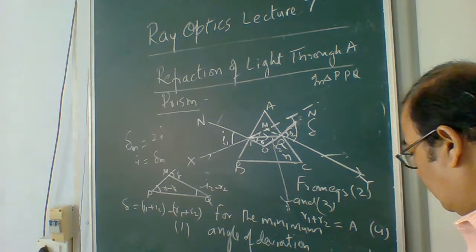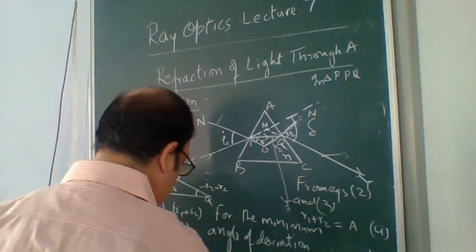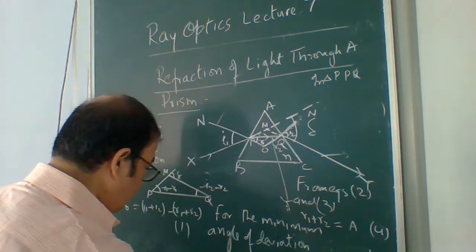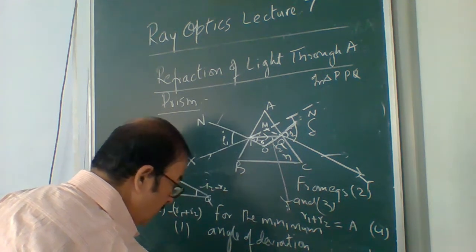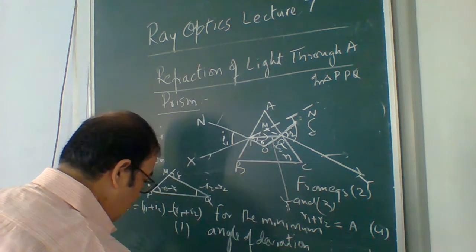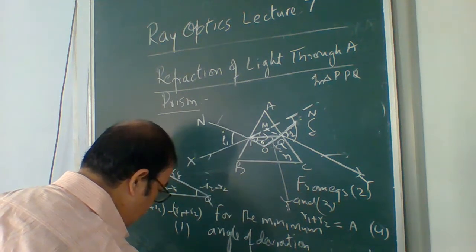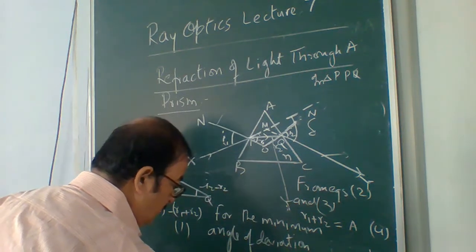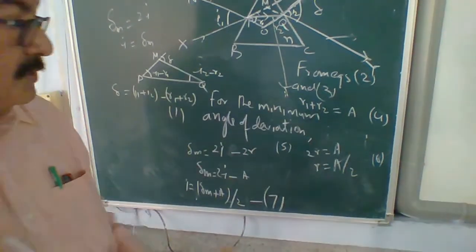So equation 5 becomes R equal to A by 2, the equation number 6, and when we put here, the delta m equal to 2I minus A. 2 into R means A. Therefore, I comes out to be delta m plus A by 2. This is your equation number 7.